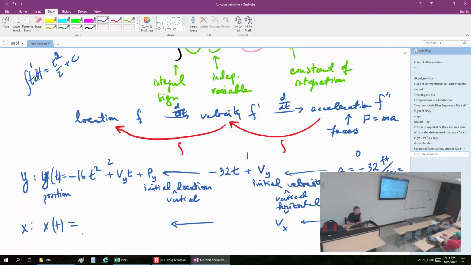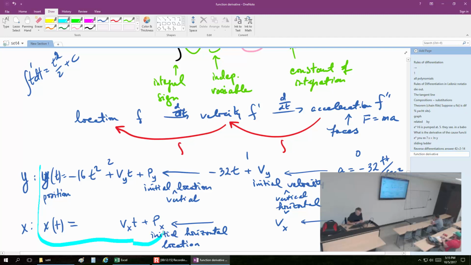It is linear. So it will be vx t plus p sub x, the initial horizontal location. So that is it right here. This is what we have found. These are the equations of a free fall.